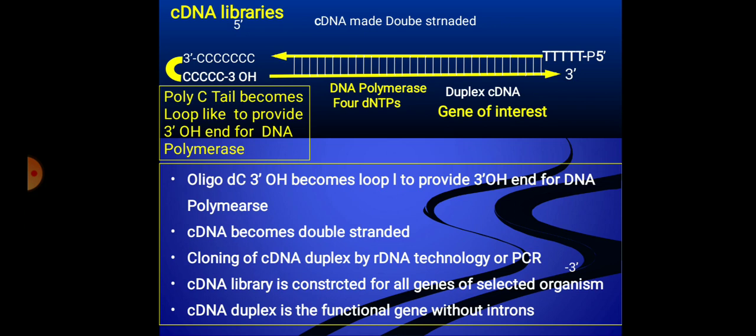And these cDNA duplexes are without introns, intron free. These are pure genes maintained in the form of a pure library. The double-stranded cDNA is identical to the gene which codes for functional mRNA.